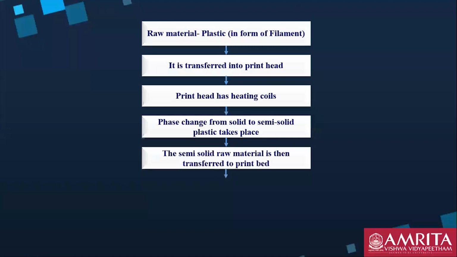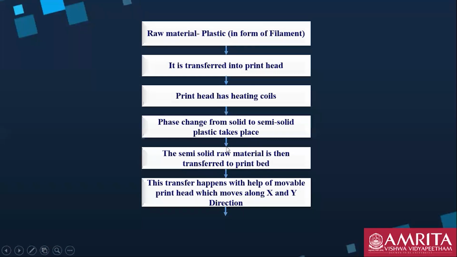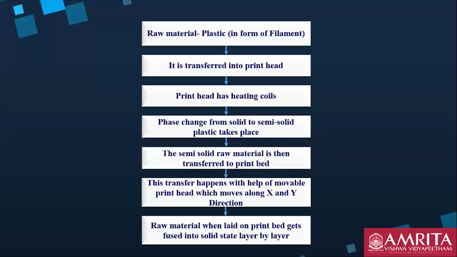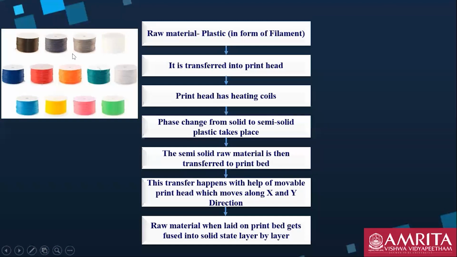The semi-solid raw material is then transferred to the print bed, depending upon the instructions given to the printer in the form of G codes. Now remember this, the nozzle head. I'll show you. Over here, you see the different types of filament. These are thermoplastic materials, and they are available in different colors.